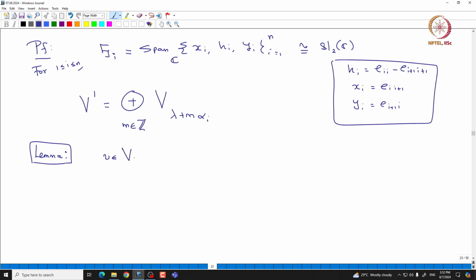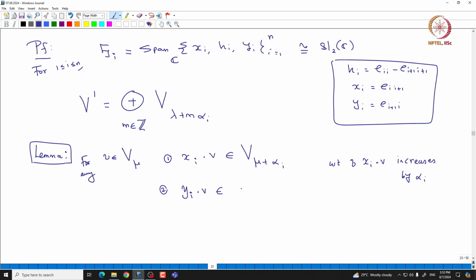If you take any vector v in V_mu and act on it by X_i, then that vector must lie inside V_{mu plus alpha_i}. That means if you act X_i on v, the weight of X_i v increases by alpha_i. Similarly, if you apply Y_i on that vector, the weight of Y_i v decreases by alpha_i.